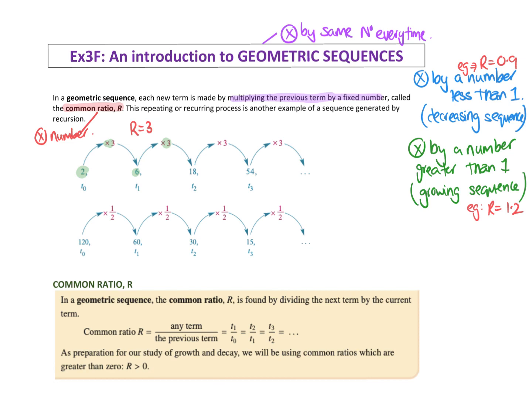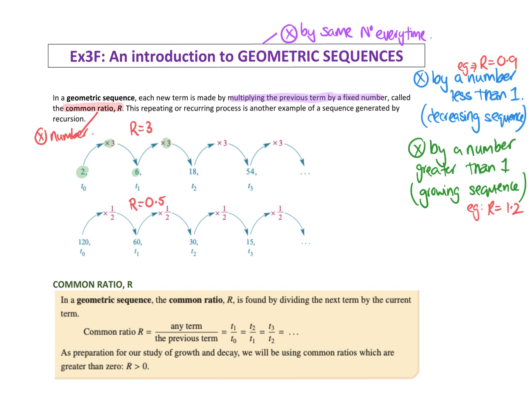It keeps going, multiplied by 3. And in this bottom one, they're halving it all the time. So we could say the common ratio is actually 0.5. I'm just changing it to a decimal number. We won't use fractions. We'll use decimal numbers because we're going to work in finance, so we'll definitely be using decimals.